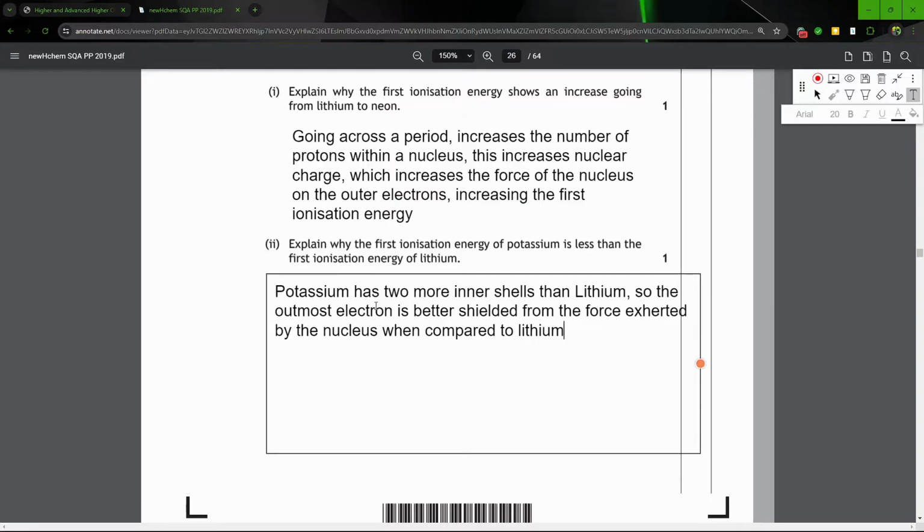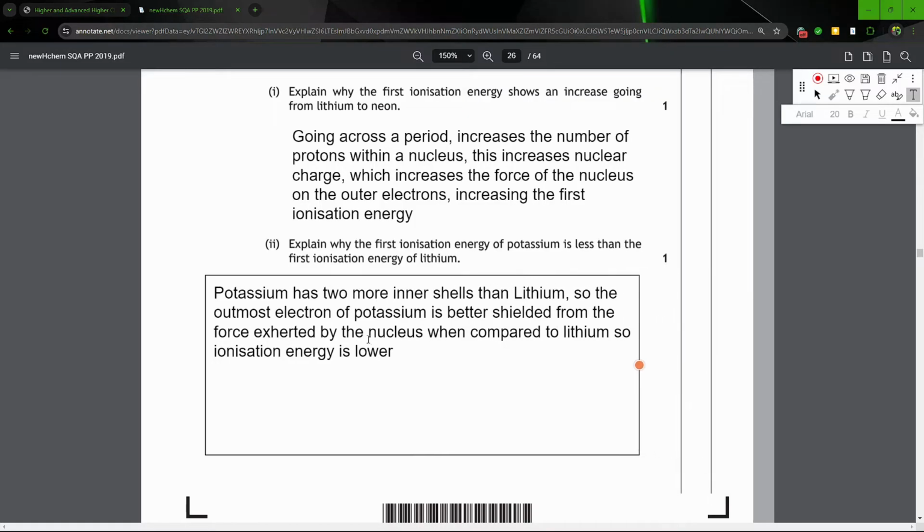I'll just clarify here, outermost electron of potassium. So ionization energy is lower.